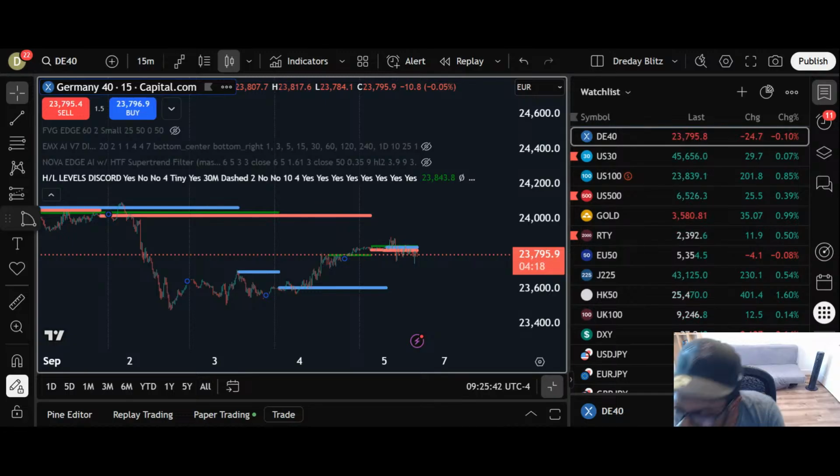It depends exactly on what your settings are on the high low level, Leon. Because me, I have it on the 30. The settings for the high low level is on the 30. You're talking about the current time frame level or the higher time frame level?